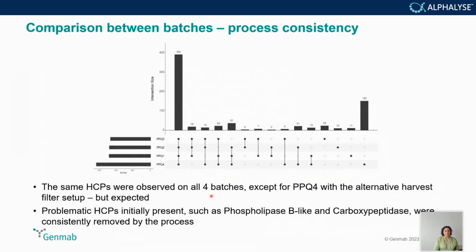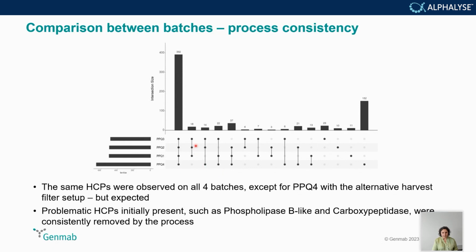This is also a way to illustrate the same clearance, but we can show that there are mostly the same proteins in all PPQ batches. So we have very good agreement, and we can show very good consistency because it's the same proteins that you are seeing consistently in the 4 different batches.